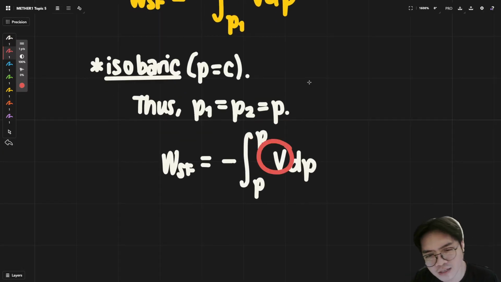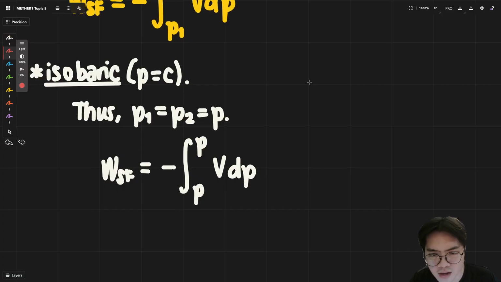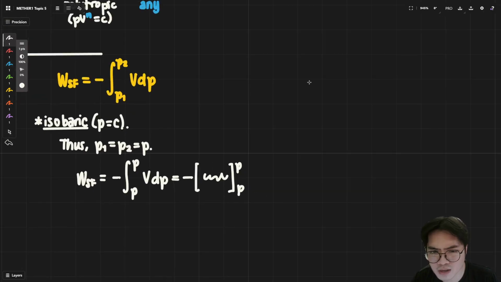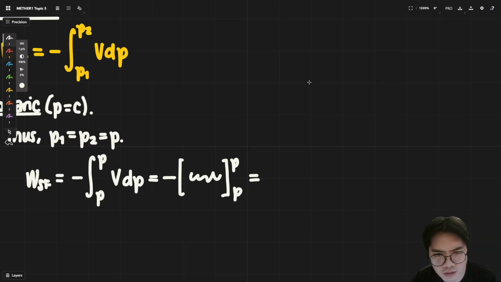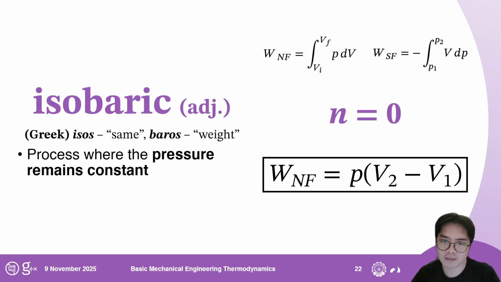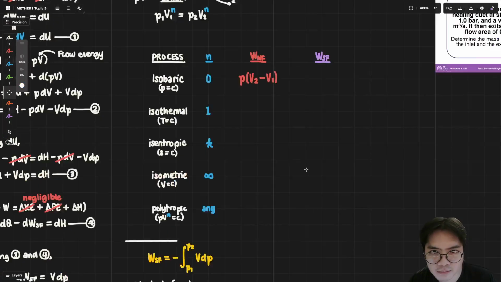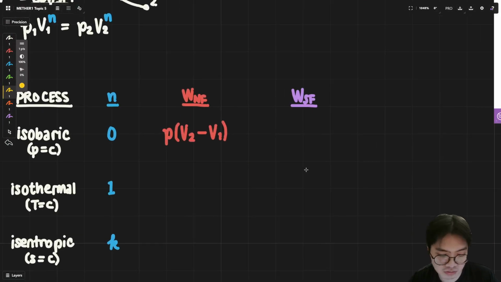No matter what kind of answer I get from my integral, I'm still going to substitute P and then P, which cancels everything out, which means that actually the answer for this is just 0. That is the work steady flow for an isobaric process. Very interesting.